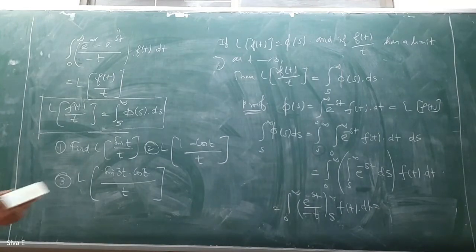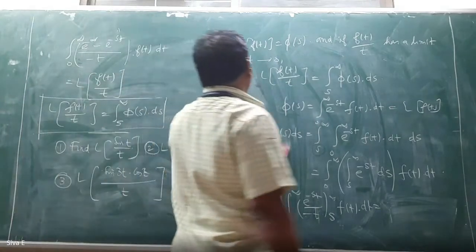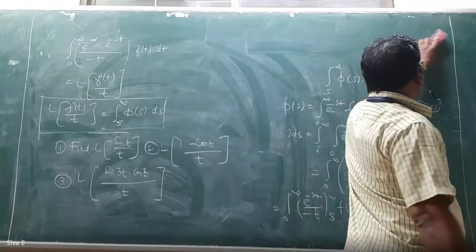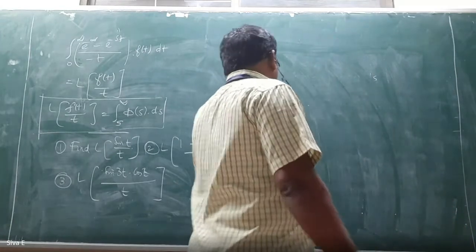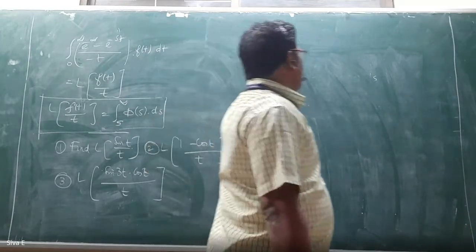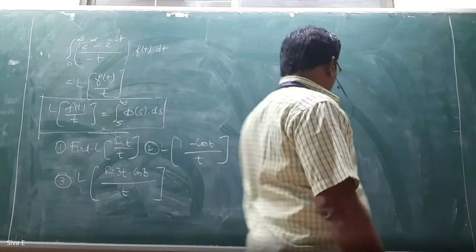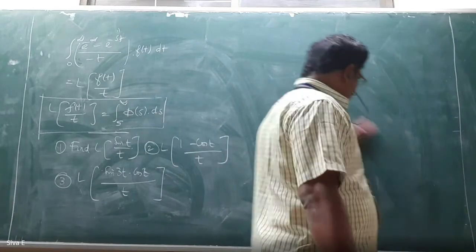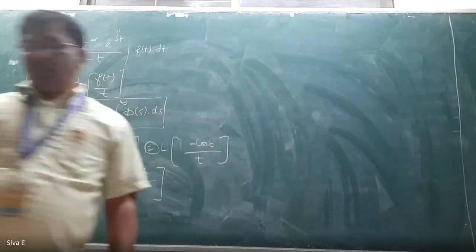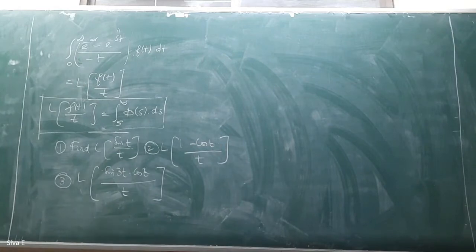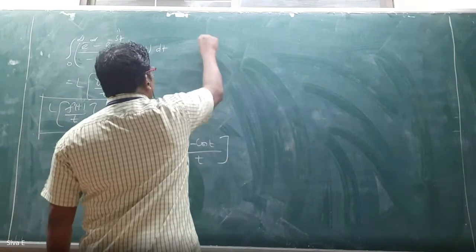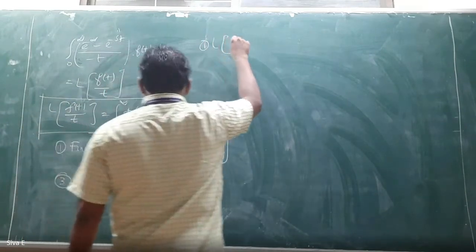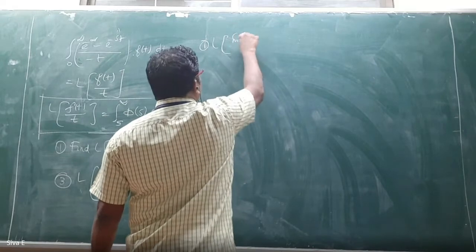How to solve this problem? We are discussing the properties one by one, and we are solving the problems based on the properties. So based on this property, the first problem is find the Laplace transform of sin t by t.